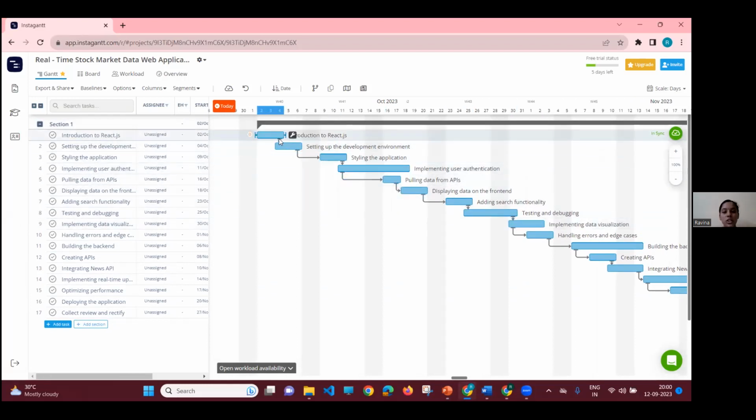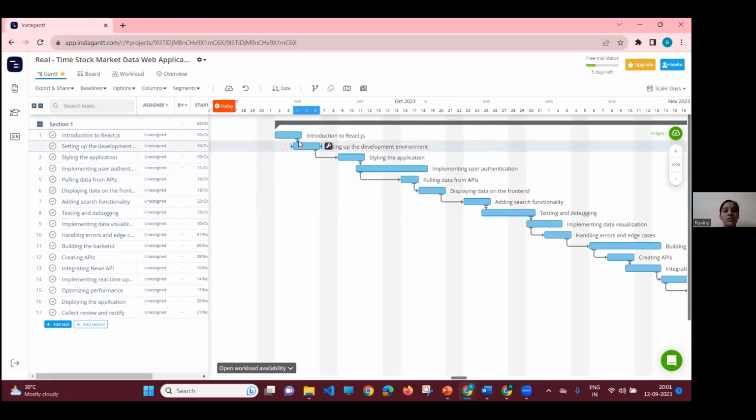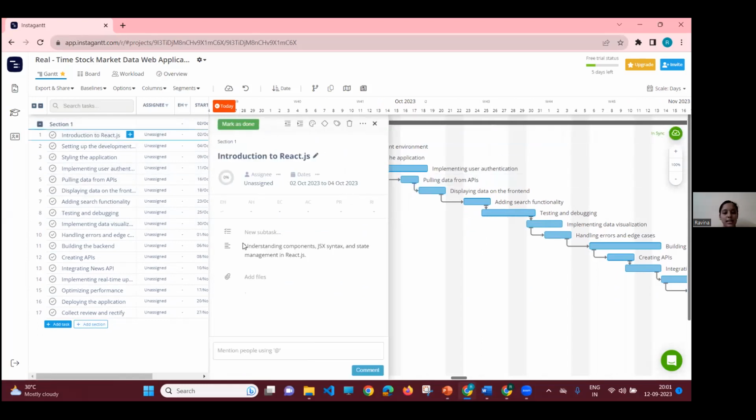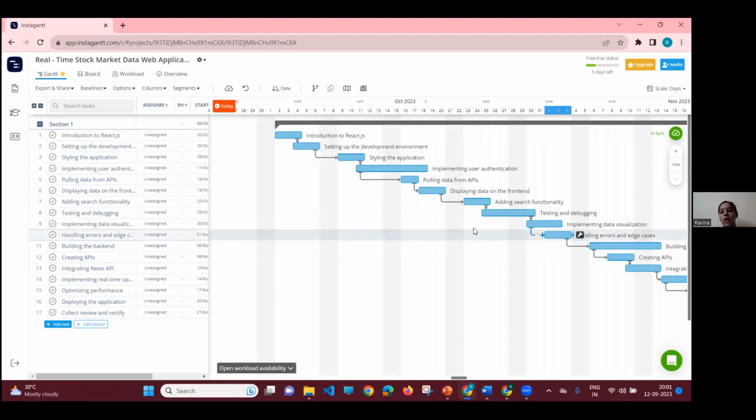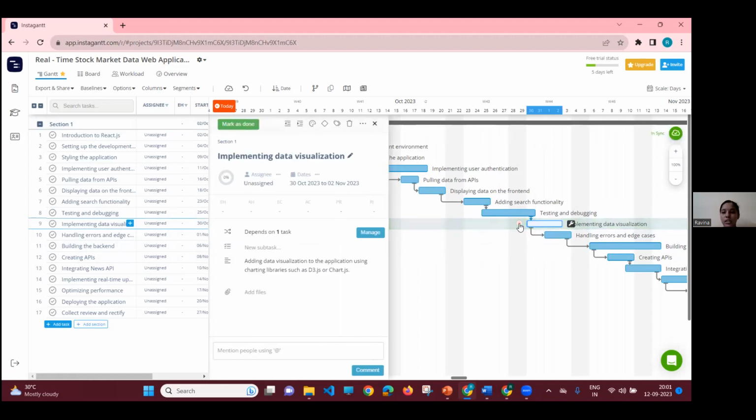And I also mentioned the dependencies here, like the arrows from finish to start. And we can also have the description for each task here, like understanding components, JSX syntax, and state management in React.js. So for all of the tasks, we can have their own descriptions.